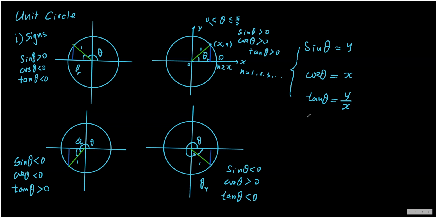Once you determine the sign, the second step is to determine the value. For example, in this case, I use this theta, and I call it pi minus the reference angle.